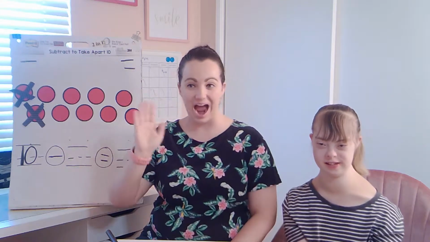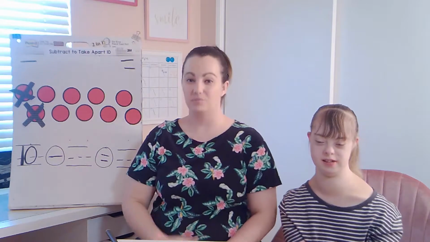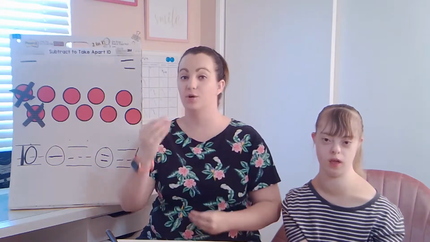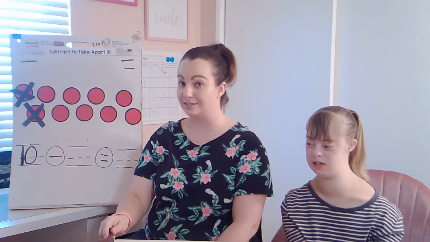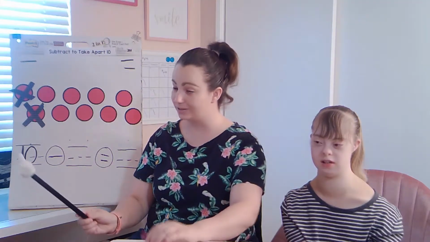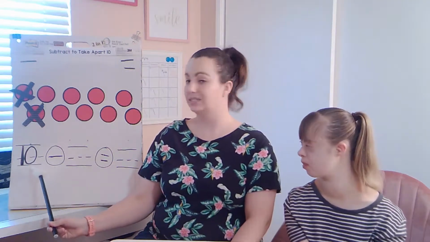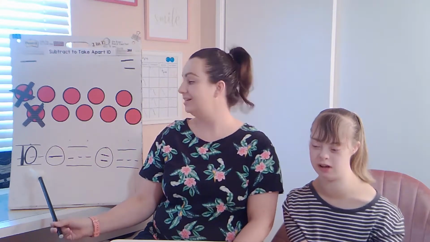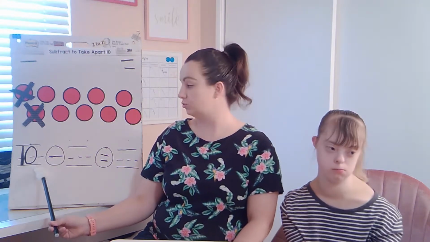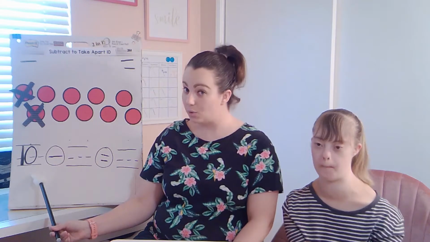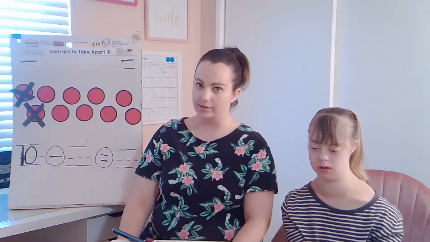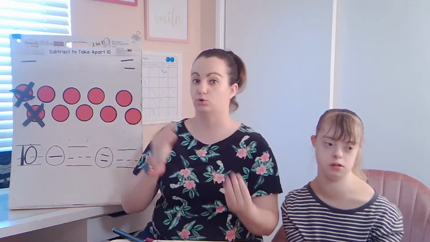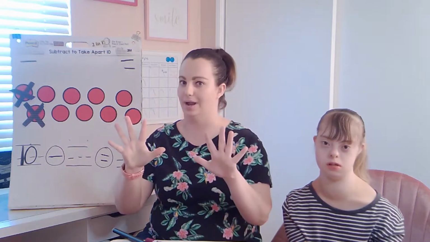Today's lesson, we are continuing our journey with subtraction, and we are subtracting from quite a large number. We are going to work on subtraction and specifically subtracting or taking away from the number 10. That's kind of the big goal in kindergarten, to be able to add to and subtract within 10, okay?